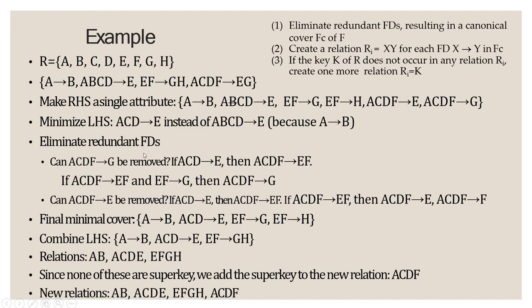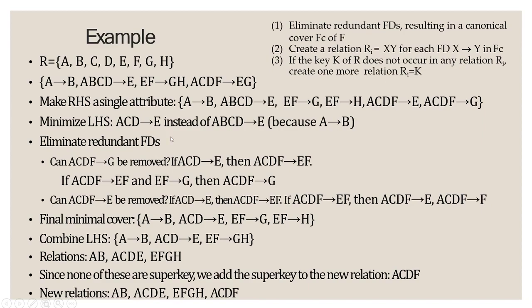Okay, let's see if we can get rid of some dependencies. We're always going to go with the bigger ones here. We have A, C, D, F determines E, and A, C, D, F determines G. Let's take a look at this one first. Can we remove this? Are we able to infer this using something else? Maybe. From this one, we got this one, right? We can add the same attribute on both sides.